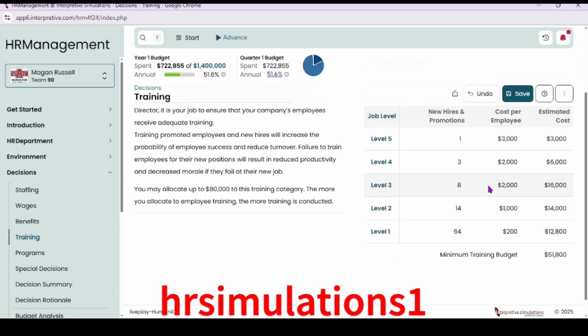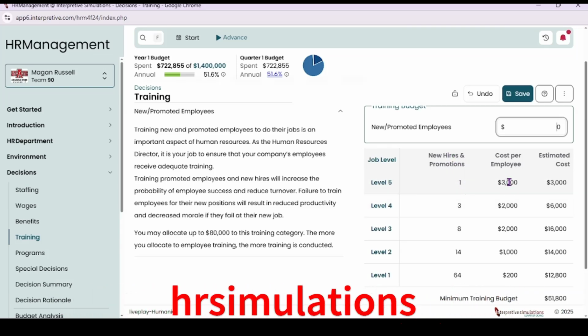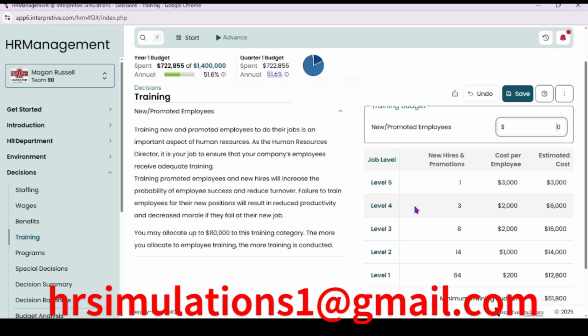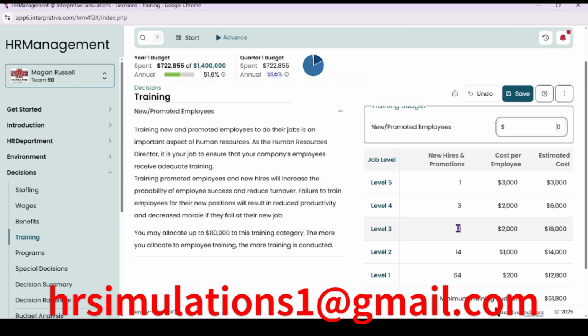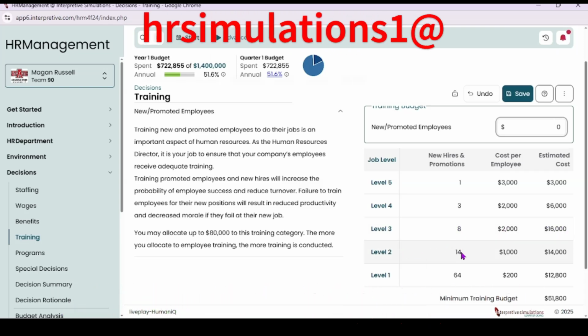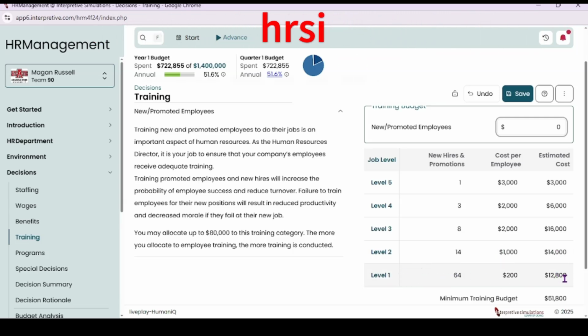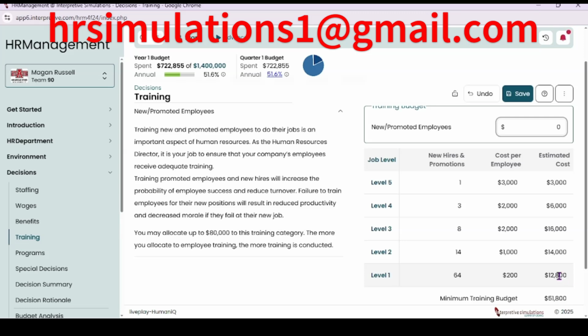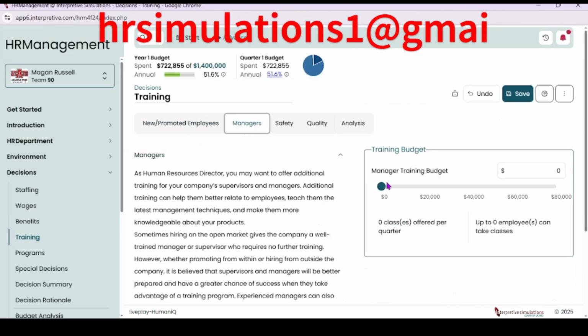So minimum budget for level 1, I can see new hires and promotions 1, so cost per employee is 3,000, so they only need 3,000. Level 4, 2,000, that's 6,000 because they're 3. Level 3, 8, so they need 16,000. Level 4, 14, so they need 14,000. Level 1, 64, so they need 12,800. So I'm just going to go through now the managers.